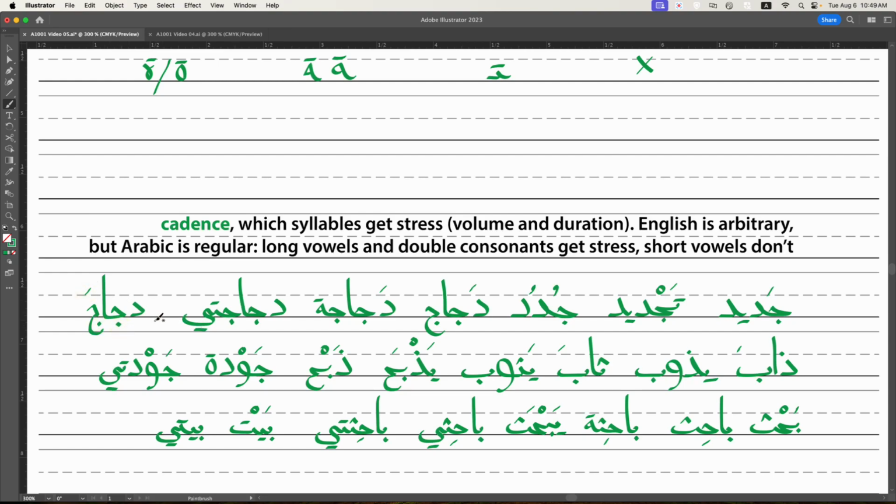So if you're doing a dictation exercise, sometimes it's really easy to mistake a word that ends with ta marbuta that you hear with a word that ends in fatha. So usually when I'm doing dictation exercises with students in my classes, I make it clear that it's one way or another, or I just accept them both as equally valid because they do represent the sounds that the students heard me say. So dajaja is a chicken.